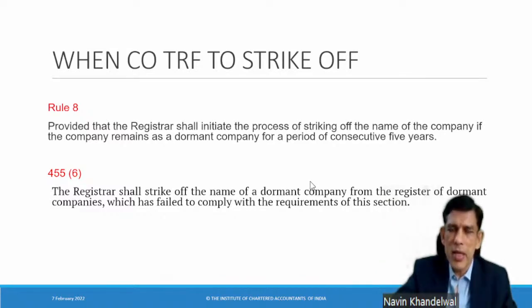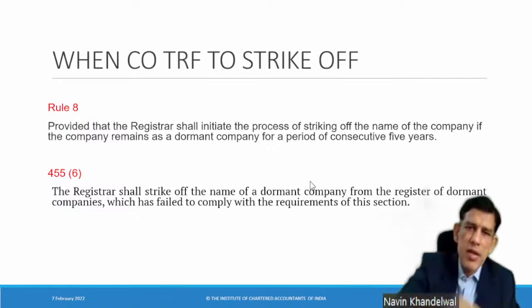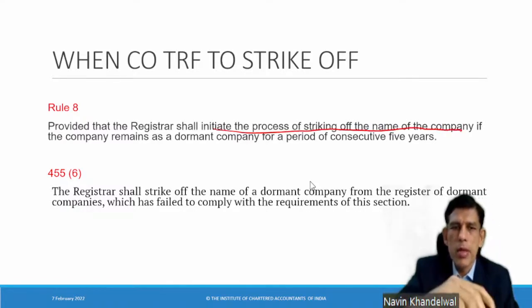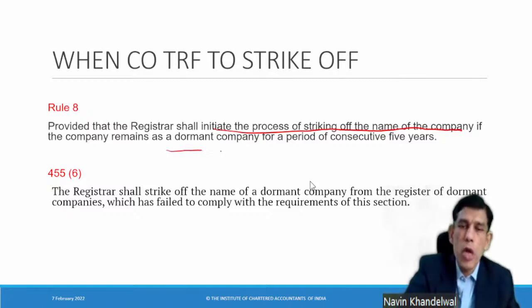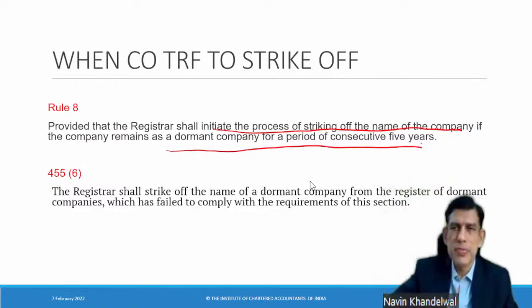So rule number 8 and section 455 subsection 6 will talk about that the registrar will initiate the process of striking off the company's name if the company remains a dormant company for a period of consecutive 5 years.